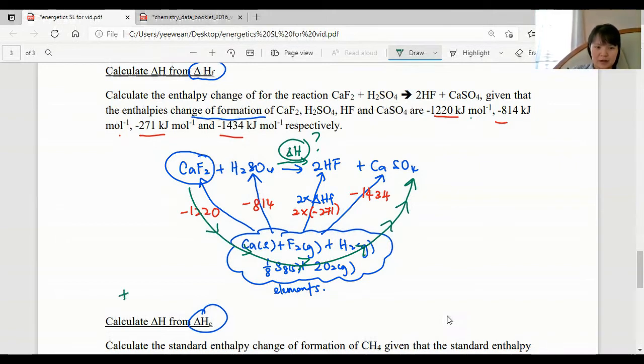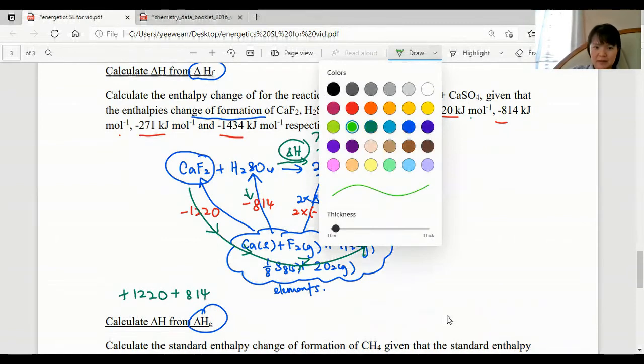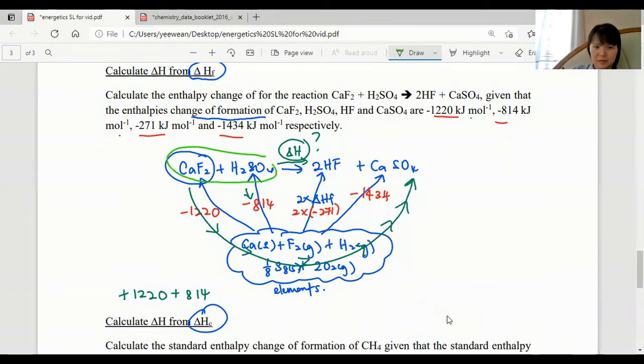So I'm going to put that as positive 1220. On this side is also the wrong way, so also positive 814. What I want to remind you is that these are the initial materials and this is where we end. So we're going from this bubble to the other bubble.